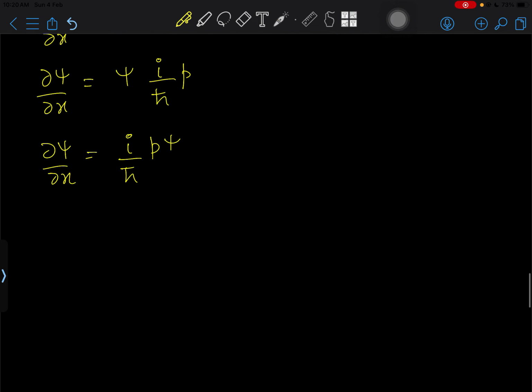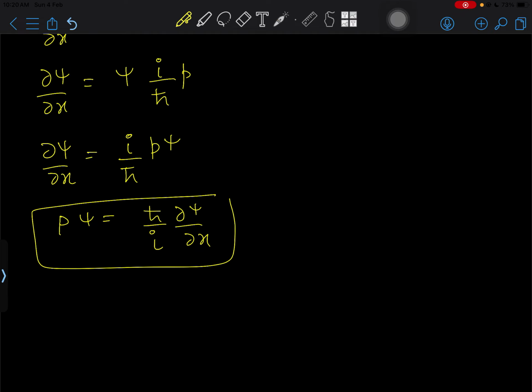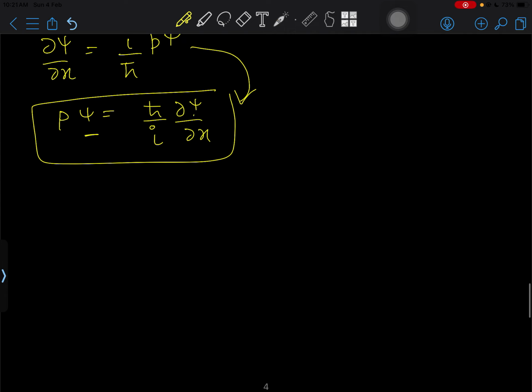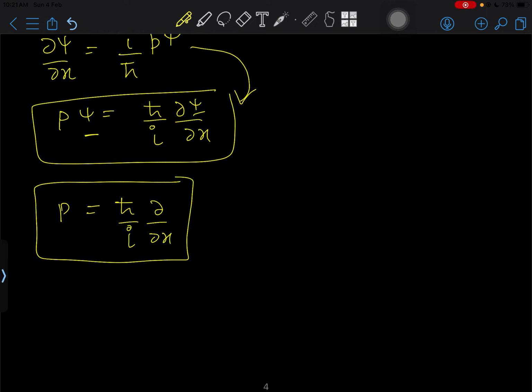We need to determine the value of pψ, so pψ is equal to ħ upon i ∂ψ over ∂x. On rearranging, the ψ and ψ cancel, so p is equal to ħ over i ∂ over ∂x. This is the momentum operator.